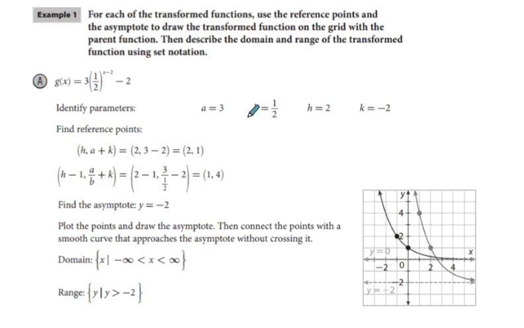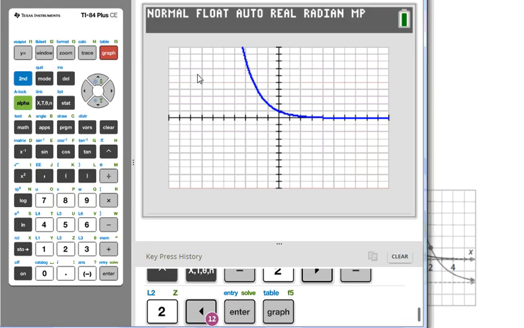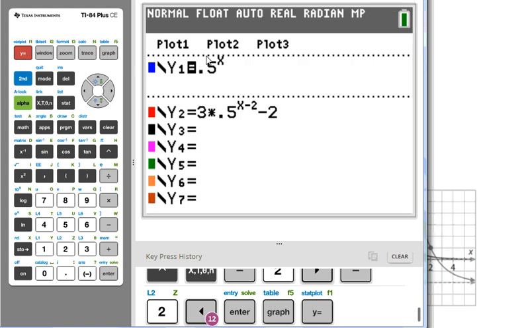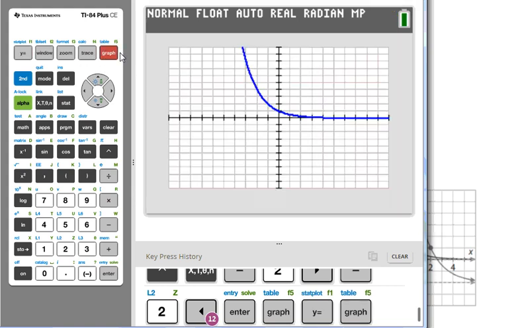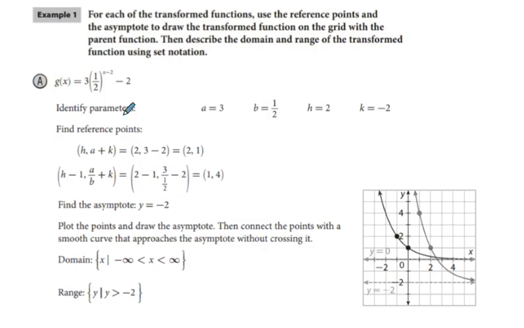And here they give an example of what you do. I graphed the original parent function in the calculator. This is the function (1/2) to the power of x. And then you put this form in here. What is it going to do to these 2 reference points?